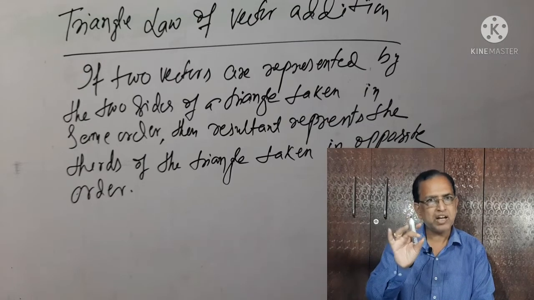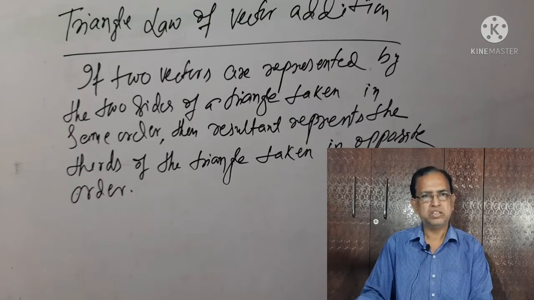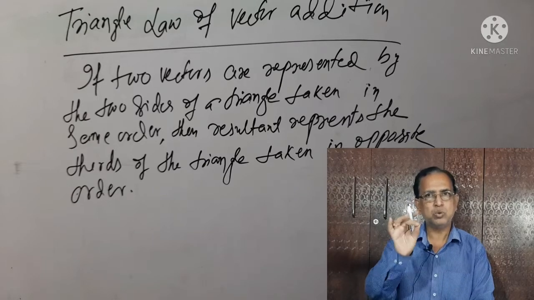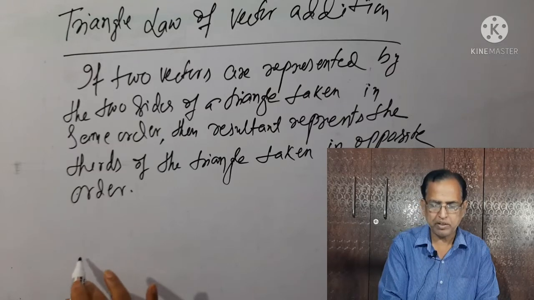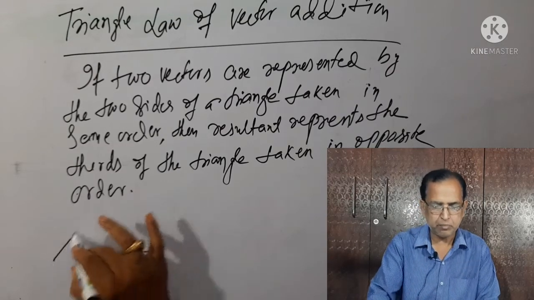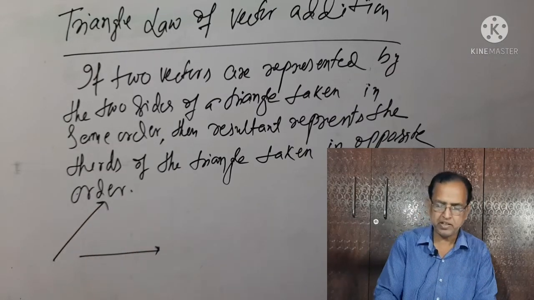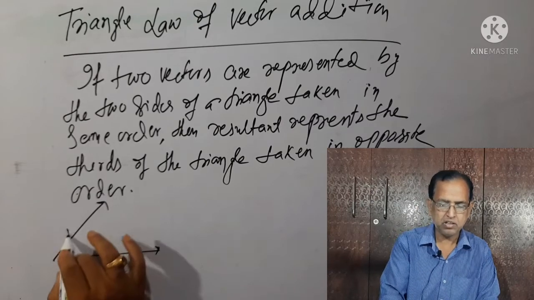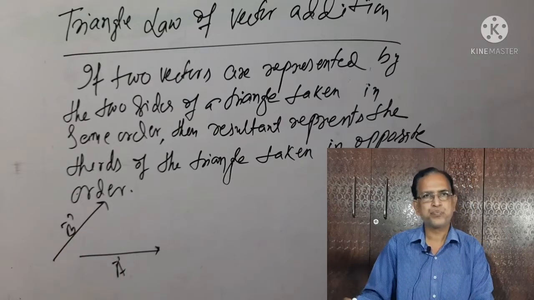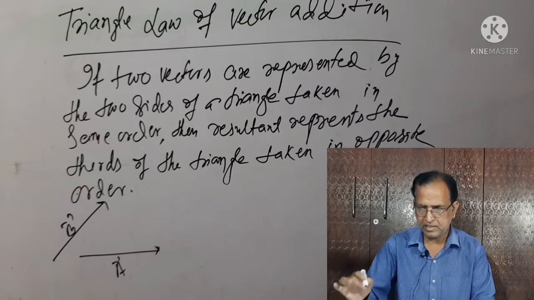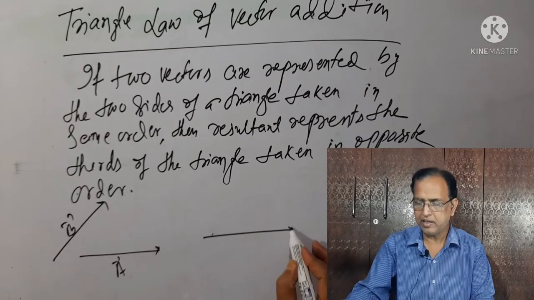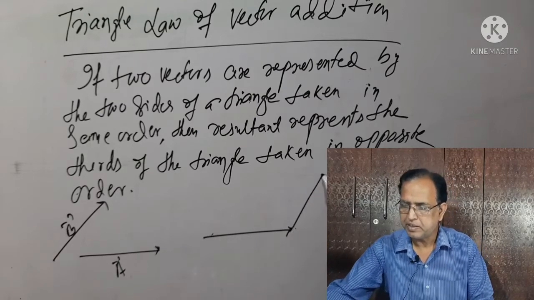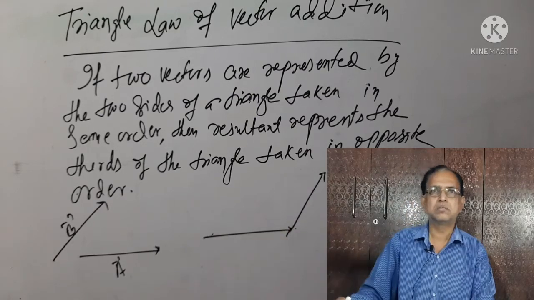That means this triangle law is used for addition of two vectors. So, there are two vectors. This is one vector A, this is another vector B, directions are different. We add these two vectors like this. Suppose this is vector A, this is the vector B in same order.